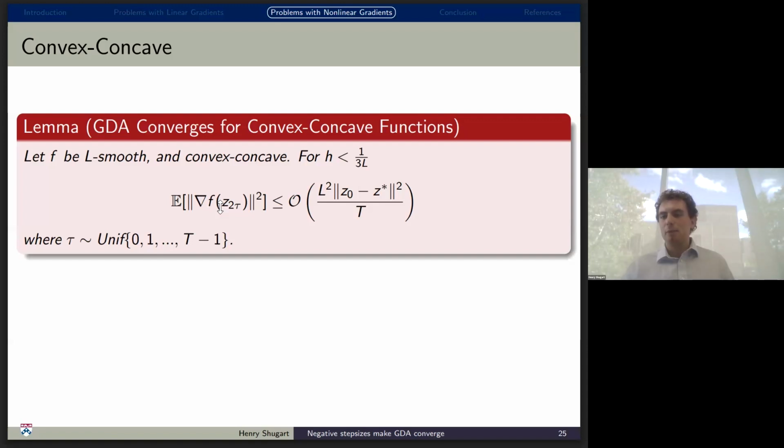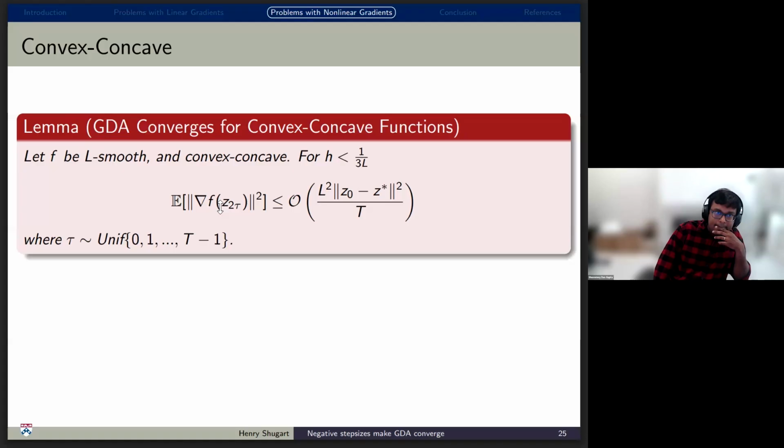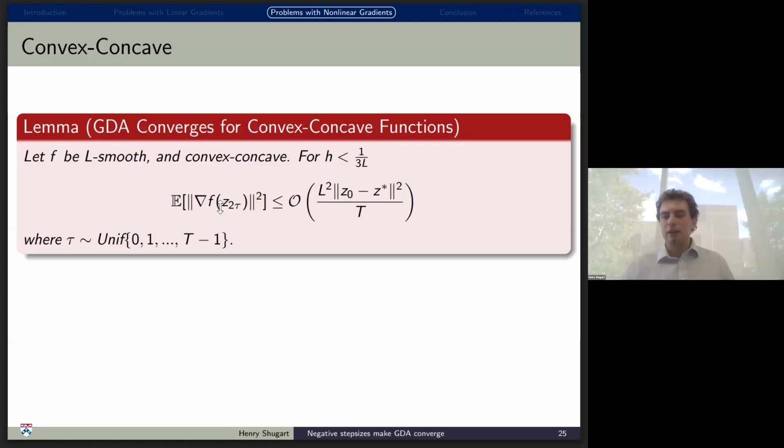Even in the bilinear problem, it's unbounded in general. So there are some subtleties there. Certainly there are a couple of other performance metrics that we can show convergence in, but the gradient norm squared felt like the most natural. It also makes for a nicer comparison to some of the other ones.